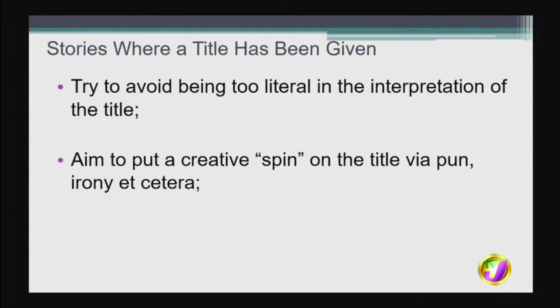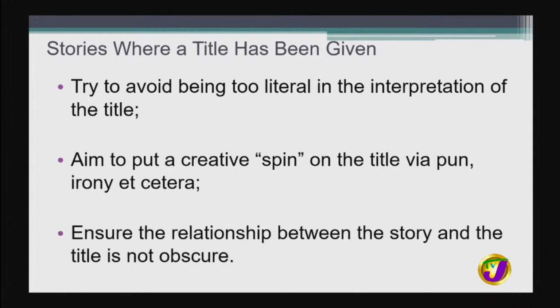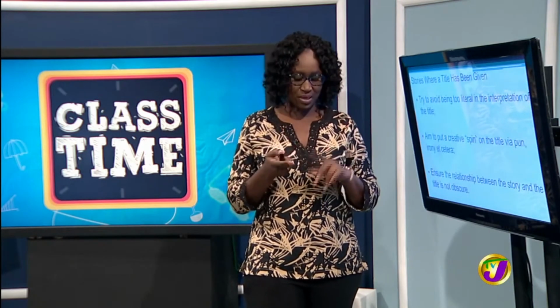You can have a pun, you can use irony, that sort of thing. And you also want to ensure that the title and the story relate. You don't want them to be so obscure they have nothing to do with each other. So yes, you want to be creative with the title, but not so creative that the title doesn't make any sense anymore. Try not to do that.